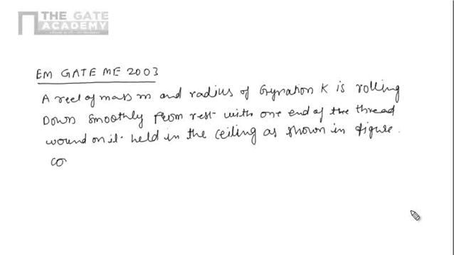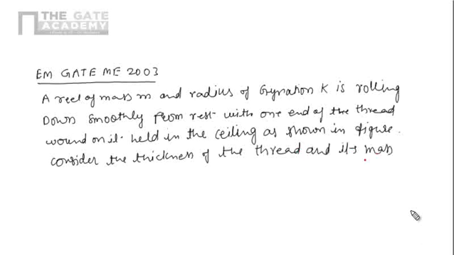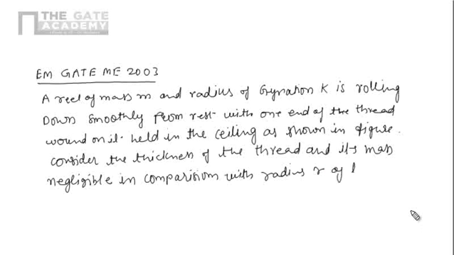Consider the thickness of the thread and its mass negligible in comparison with the radius r of the hub and the reel mass m.